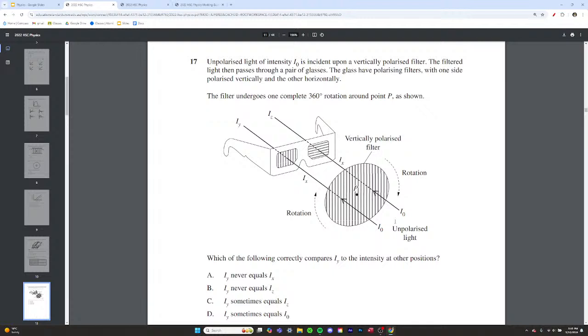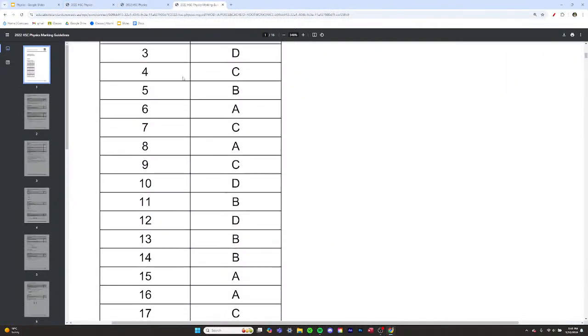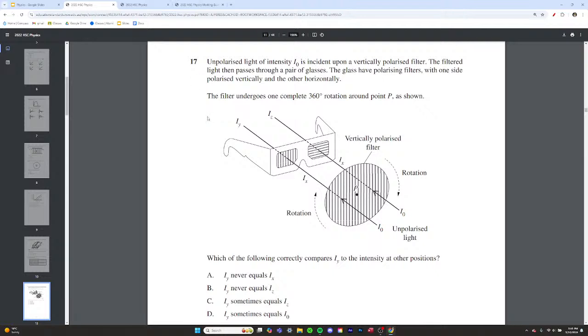If the unpolarized light is 0, then Y would be 0, and Z would be 0. I'd say sometimes. I'd say C. Yes. For that reason only.